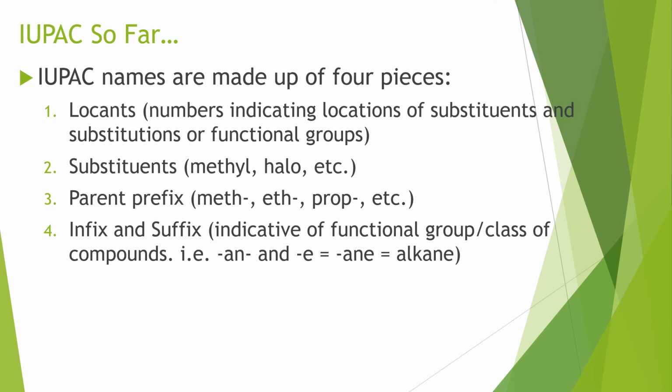And then you also have something that we haven't really talked about, which is an infix and a suffix. So the infix is the part between the prefix and the suffix, which is actually just the letters AN here. And this is important because we're about to switch that up. So the AN infix indicates that we have all single carbon-carbon bonds. The E suffix indicates that it's a hydrocarbon.